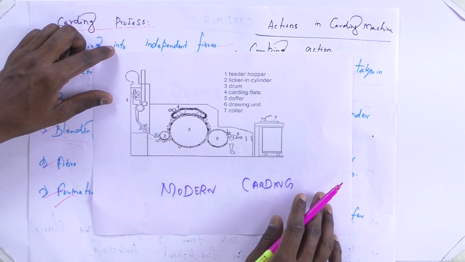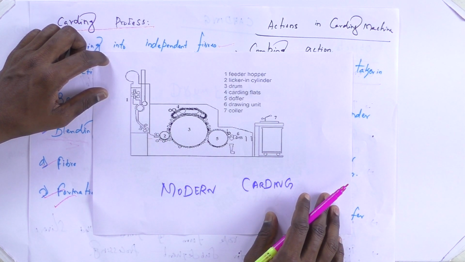This system is called the chute feed system. What is the chute feed system? The fiber from the blow room is directly transferred to the carding machine without the formation of a lap. That process is called the chute feed system. By pipelines, the fiber is transferred from the blow room to carding for processing.